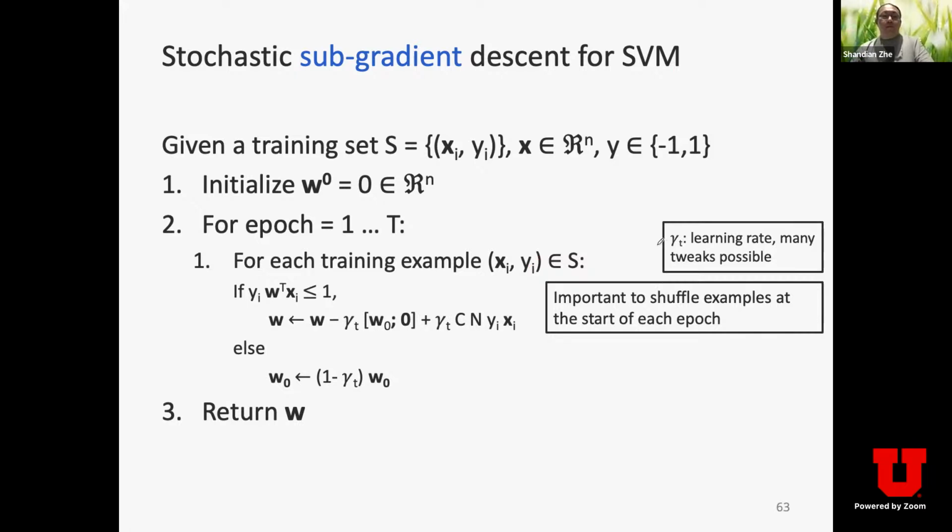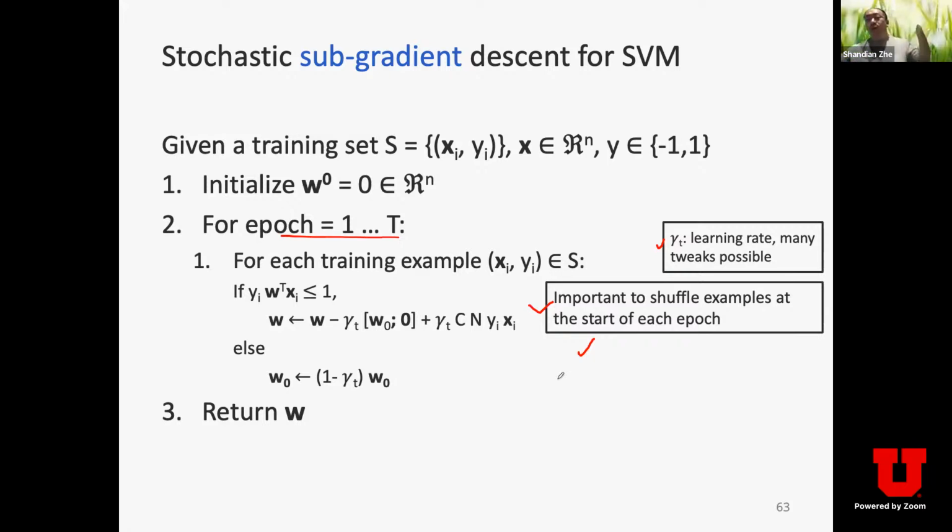So gamma t here is called the learning rate, as we mentioned before. You have to ensure your gamma t satisfies some conditions to make your stochastic subgradient descent converge. And here, one important hint in practical implementation: in practice, people before each epoch will always prefer to randomly shuffle the examples.